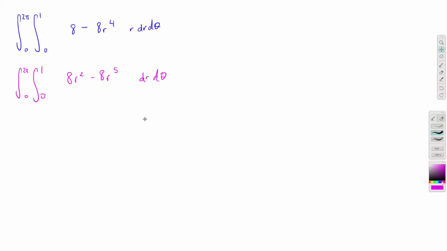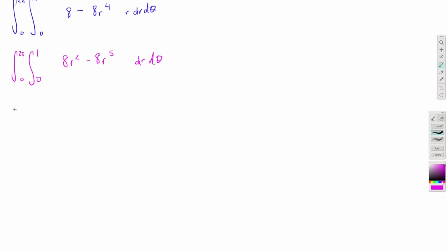Then we get 8r squared on 2 minus 8r^6 on 6, between 1 and 0, d theta.